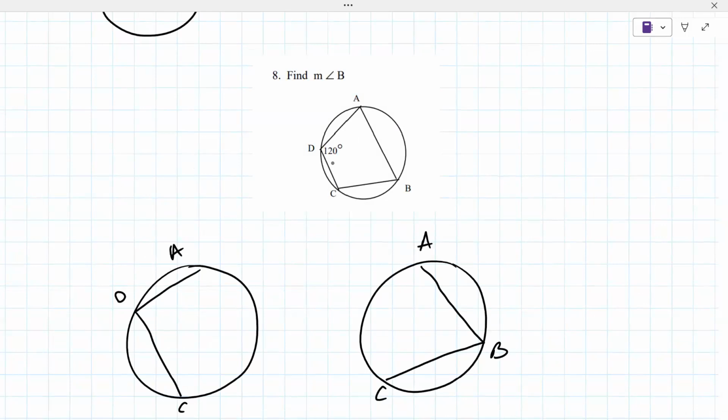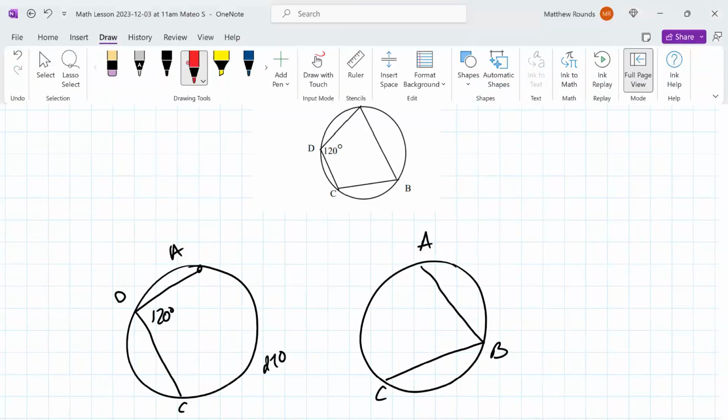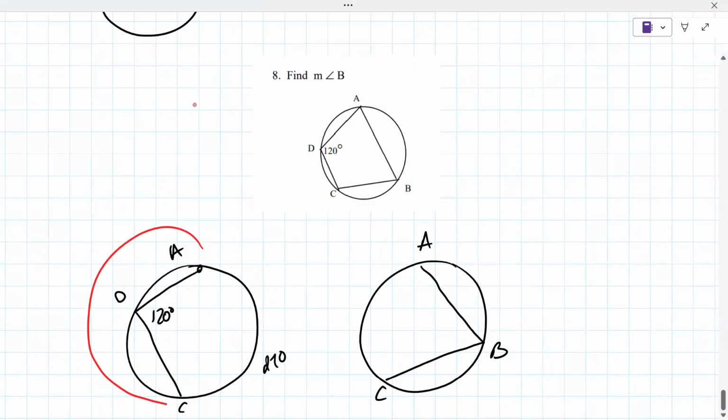Okay. So if this angle is 120, what is the arc from A all the way to C? Big one here. 240. 240, which means the other one, what's that one? The other AC. So go in the other direction. 180.